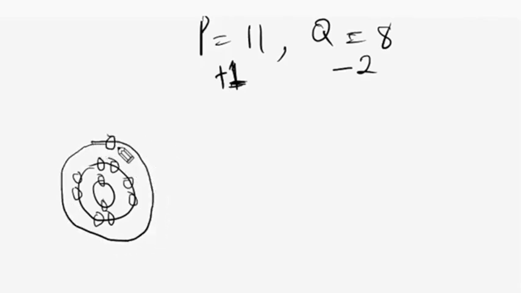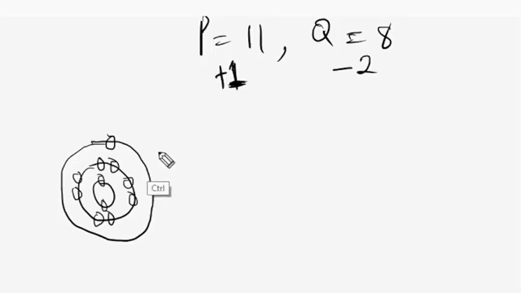So this means there is 1 electron in the outermost shell, so which means it can lose 1 electron to ionize. So an element that can lose 1 electron to ionize is going to have a +1 in the ionized state.